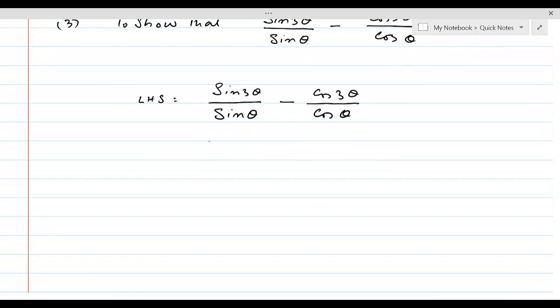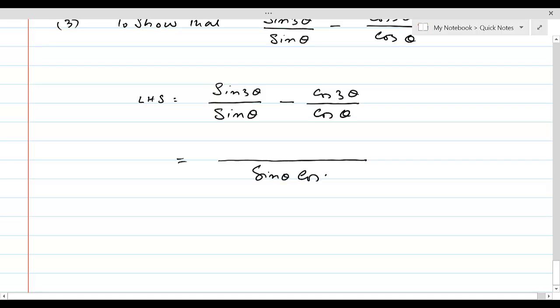And if we take LCM, that would be sine theta into cos theta, and this will be sine 3 theta into cos theta minus cos 3 theta into sine theta.